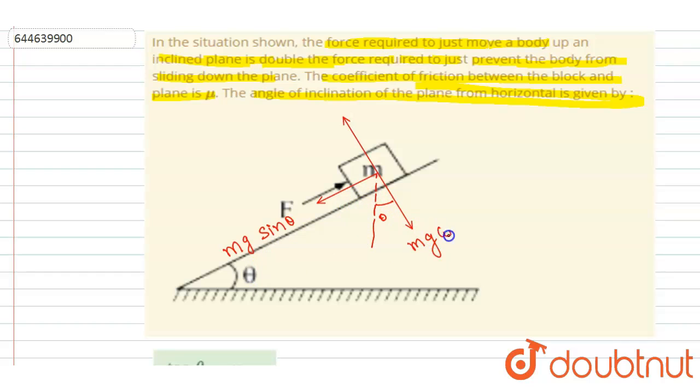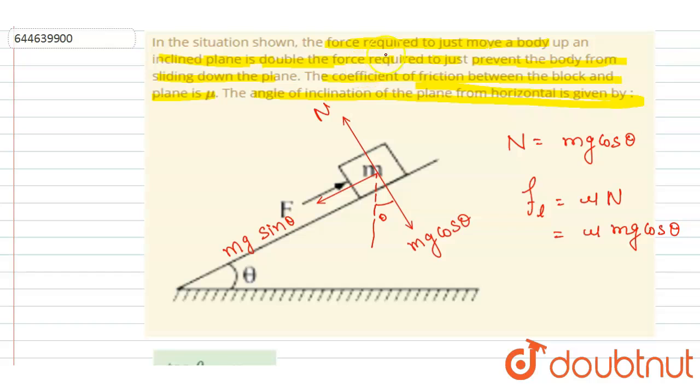So this will be mg cos θ, and this is N. From here I can write N equals mg cos θ. Now the limiting friction available here will be equal to μ times N. N here is mg cos θ, so it is μ mg cos θ.